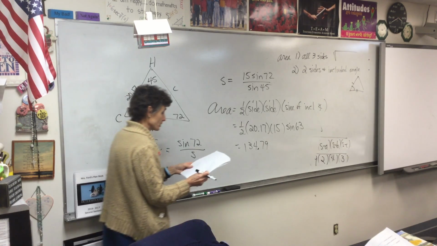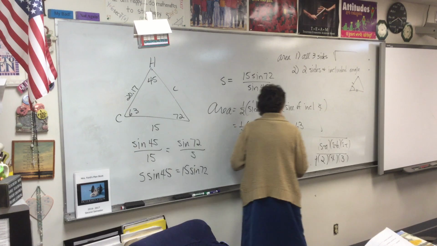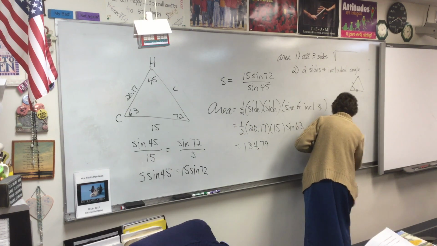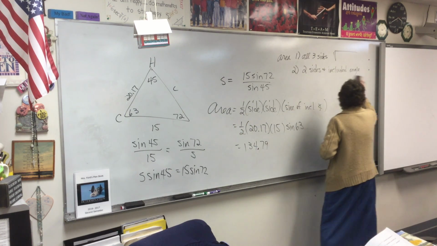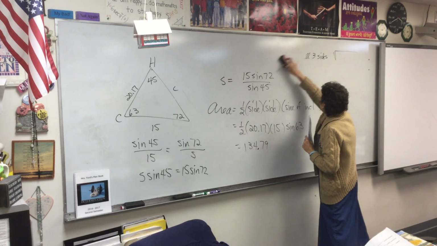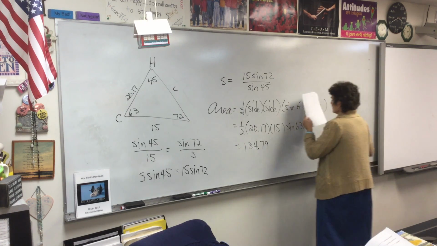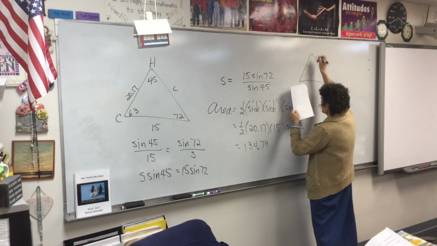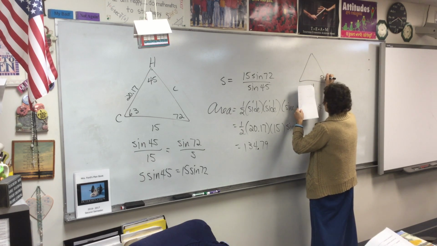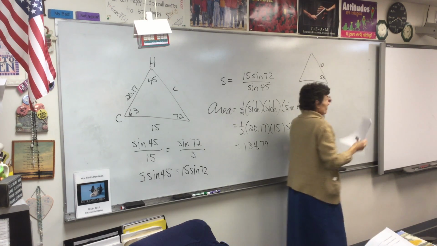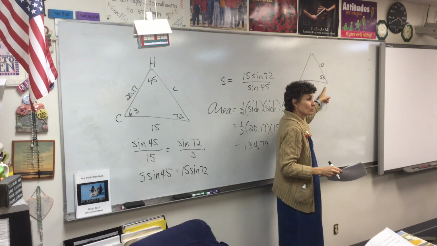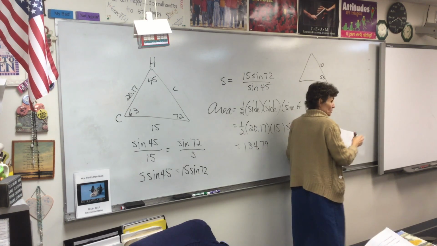Look at the last one, look at C. Can you find the area of problem C? It's a no-brainer. Look at the given, kids. Don't you have 2 sides and the angle in between them? That's what you want.